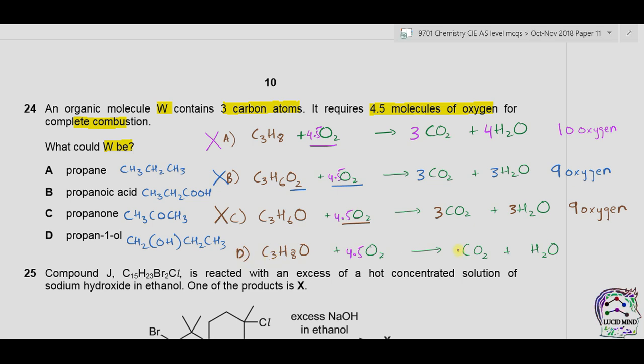Similarly in D we can balance carbon 3, hydrogen we can write 4. Now we have 9 oxygen atoms on the reactant side plus 1. Total becomes 10 oxygen atoms, and 6 plus 4 also becomes 10 oxygen. So as this equation is perfectly balanced, it should be D. The answer is therefore propane 1-ol, which is D.